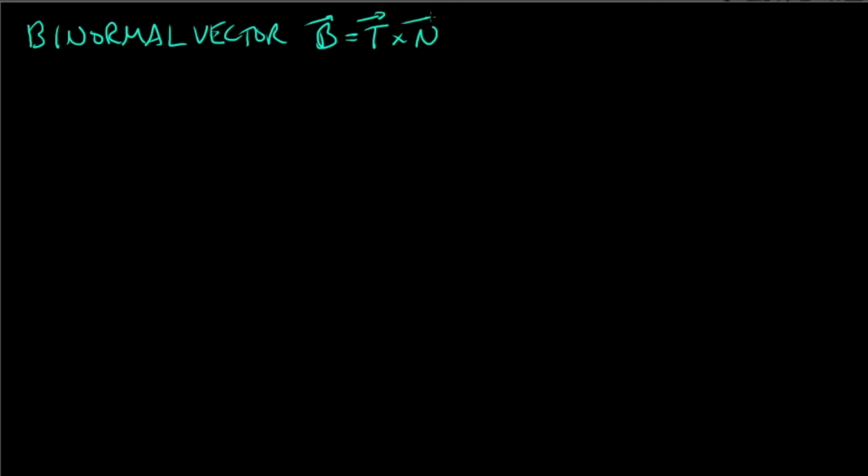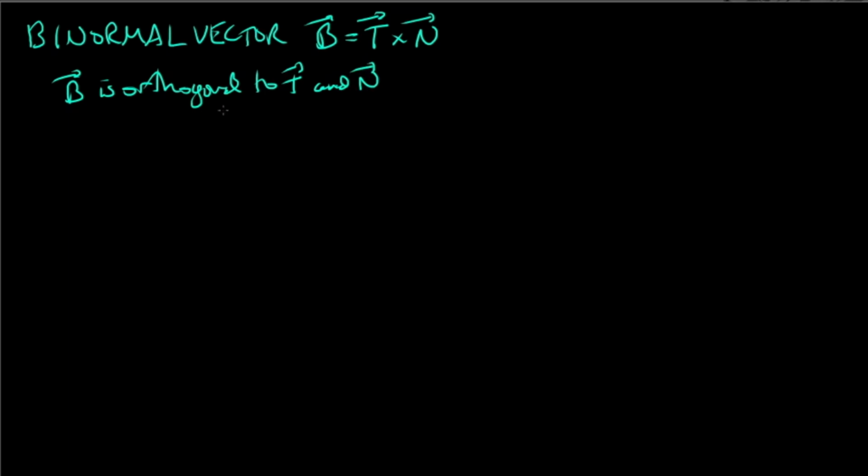There is something called a binormal vector, usually B, and it's just the cross product of T and N. And you know that the cross product will be orthogonal, so B will be orthogonal to both T and N. And again, this only applies to a curve.